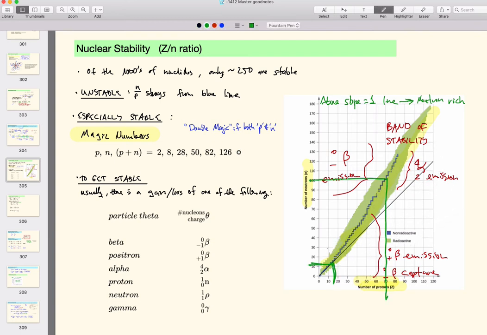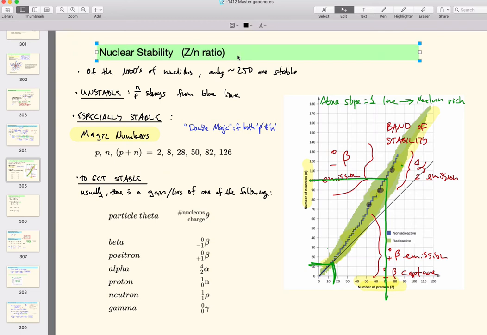There are, however, some species that are particularly stable, and they're identified by what are known as magic numbers. They are numbers in which the number of protons or neutrons, or the sum of protons plus neutrons, equals one of the following: 2, 8, 28, 50, 82, or 126. So now we have an indication of what stability is.